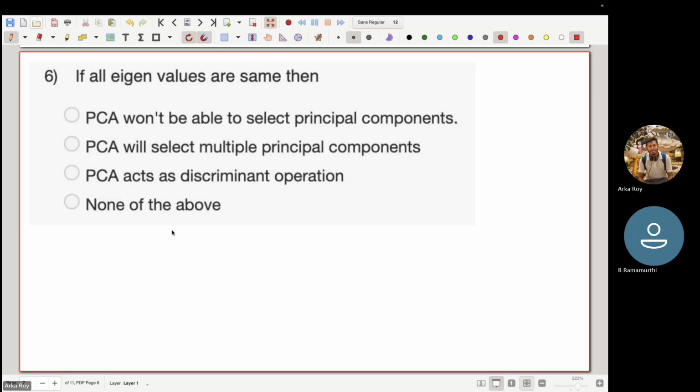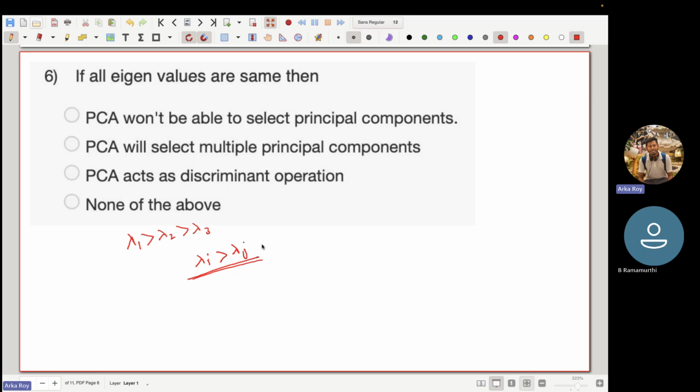How do we consider the strength? Let's say you have calculated 3 eigenvalues, we will choose them such that lambda 1 is greater than lambda 2 greater than lambda 3. In general, lambda i is greater than lambda j. So we choose from the highest to lowest.